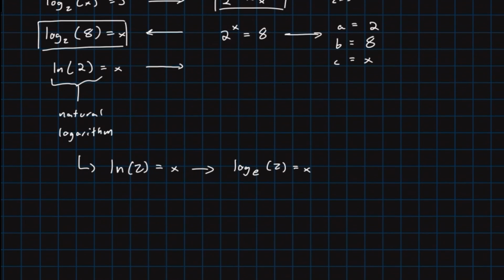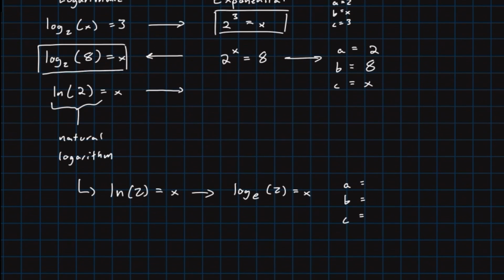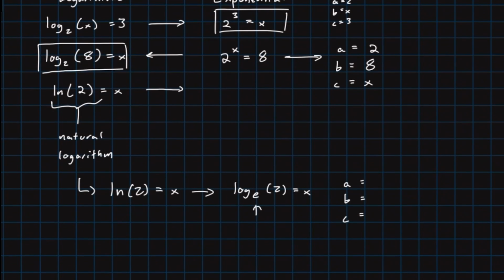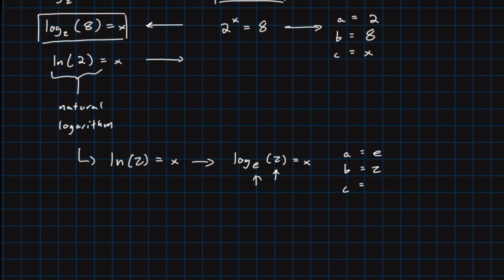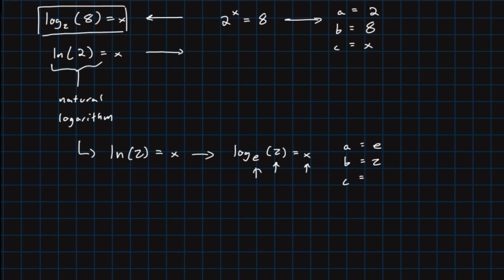In that case, we can still do the exact same method that we were doing before, where we define it as a, b, and c. If we look back to our form from before, the e in this case is our a value, the 2 is our b value, and the x is going to be our c value.